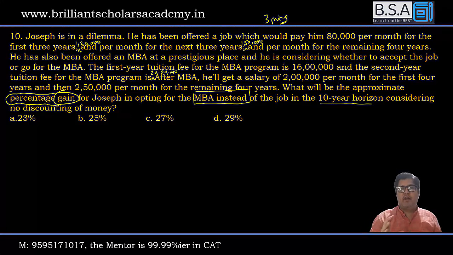You need to consider what are the costs involved on one side and what is the earning on other side. So there will be a percentage change between the cost and the earning. And everything here is per month. Salary is per month.